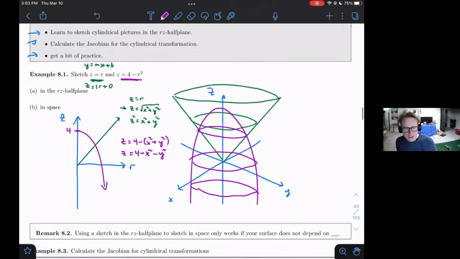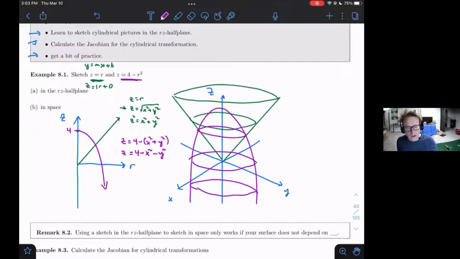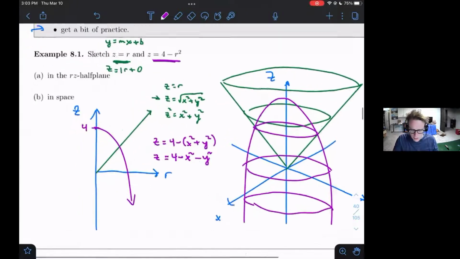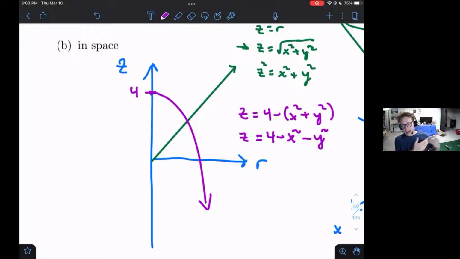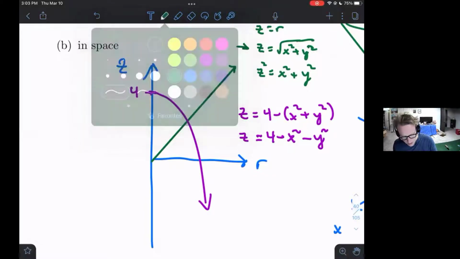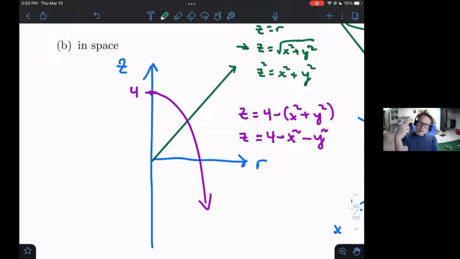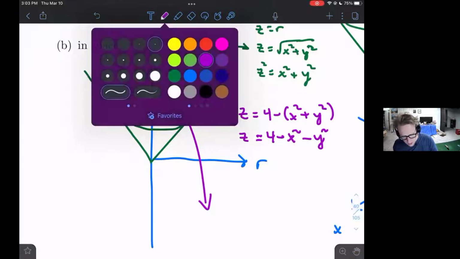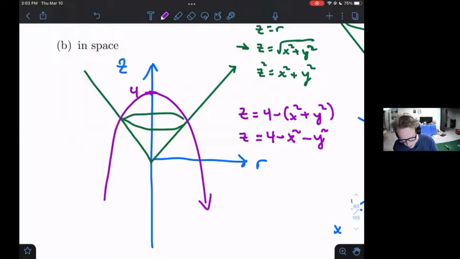So this is how we can sketch rather quickly, in particular, these cylindrical coordinates with z's and r's. Usually, if I was to sketch this thinking ahead to triple integrals, I start off with a picture like this, and I quite literally think about spinning it around the z-axis. So I would do something like this. And I would also do the same thing with our elliptical paraboloid, so something like that.